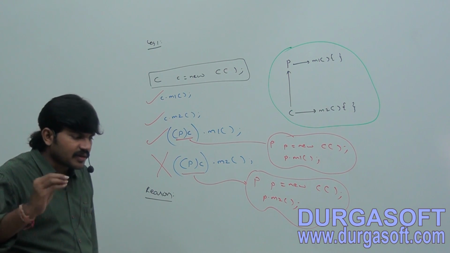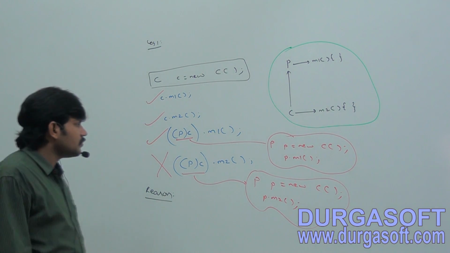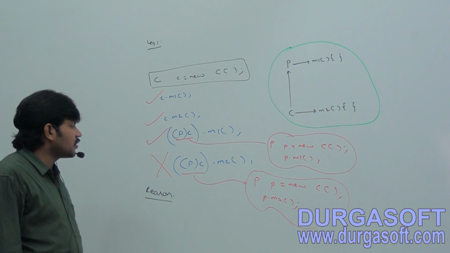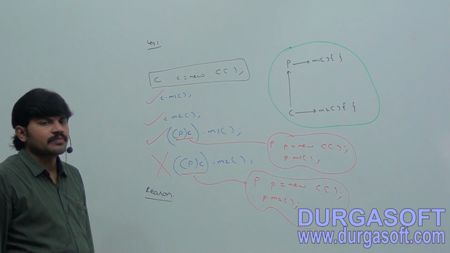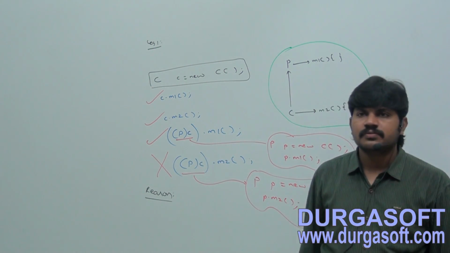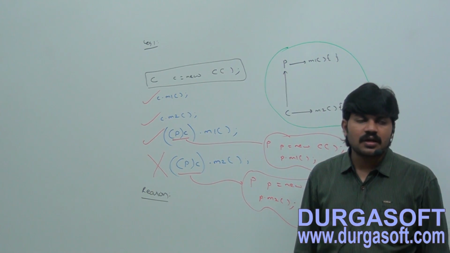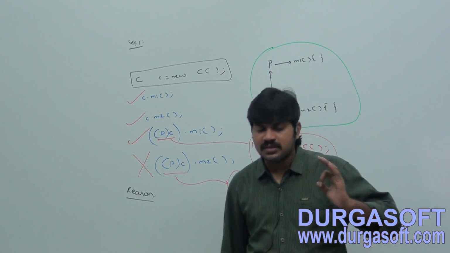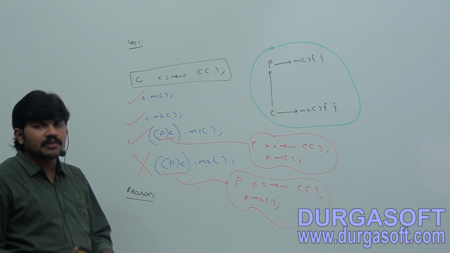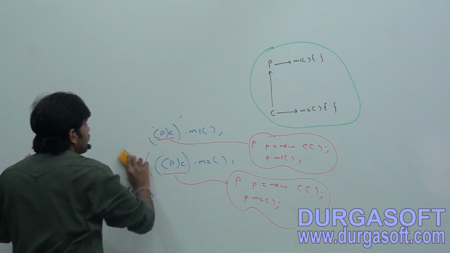But by using that reference we can't call child specific methods, and we can call only the methods available in the parent class.